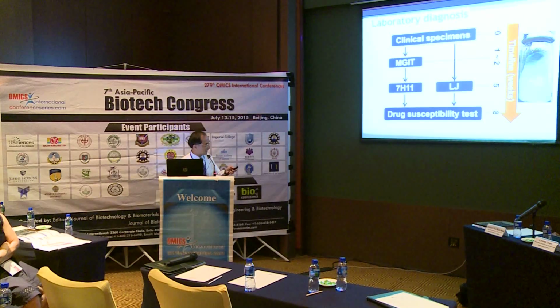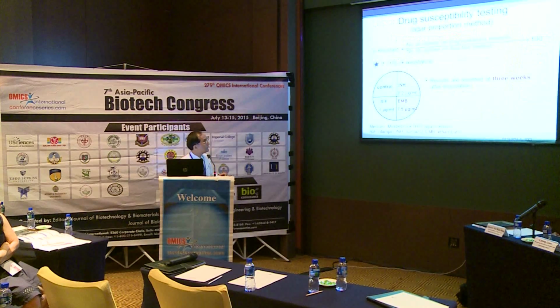This is the bacteria grown on LJ media. The gold standard for drug susceptibility testing is the agar proportional method. So we culture the microorganism on agar containing different antibiotics or without antibiotic.